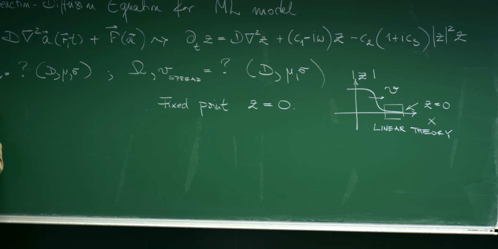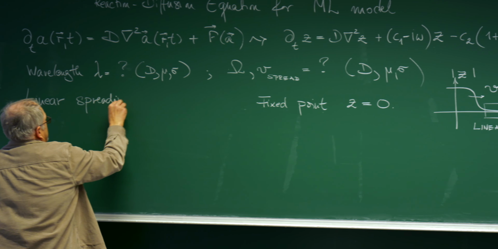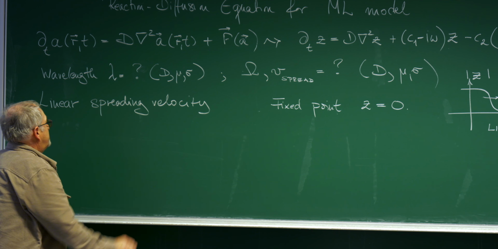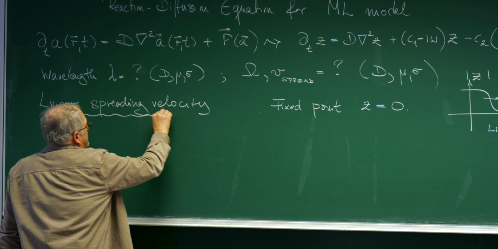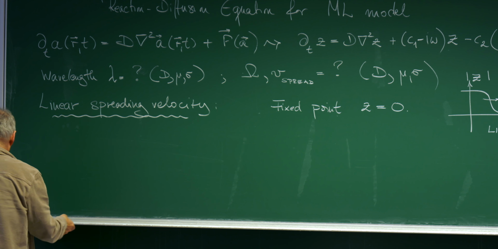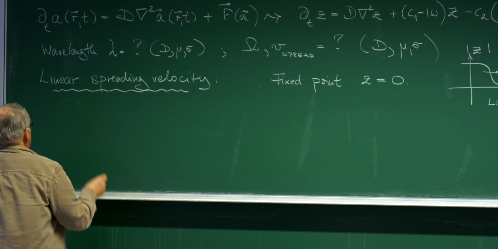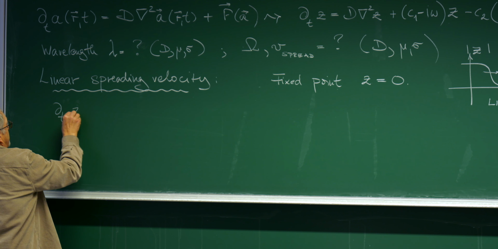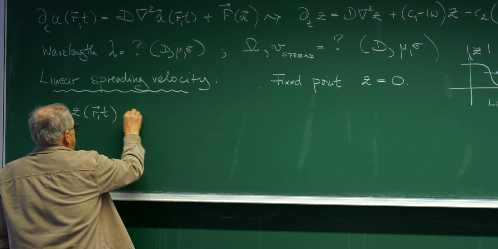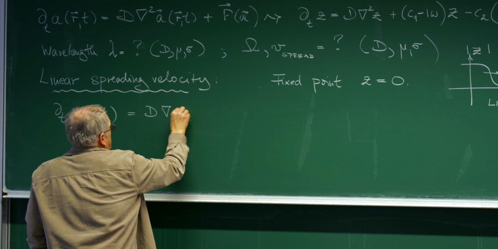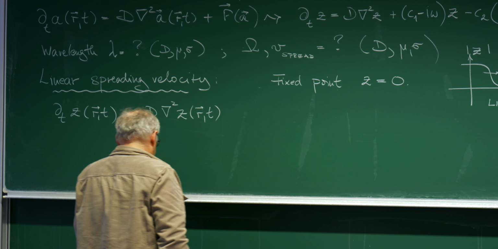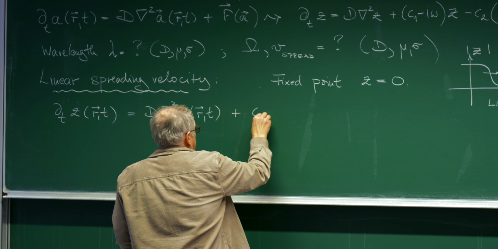So let's calculate this linear spreading velocity, and let me explain how the logic of that calculation works. So the logic is as follows. We linearize the equation, and in the linearized form, I keep, of course, the Laplacian for diffusion, and from the Ginzburg-Landau terms, I only need the linear ones.